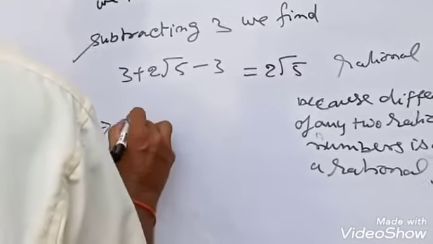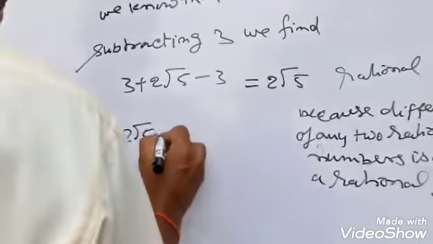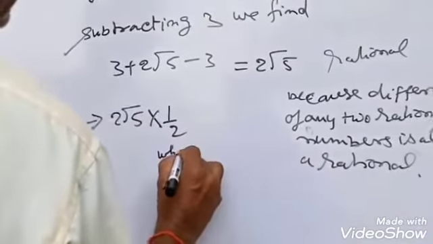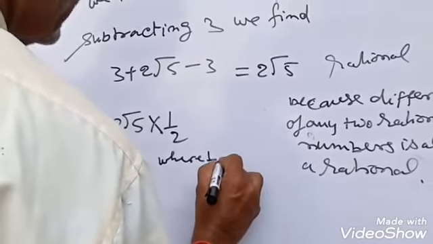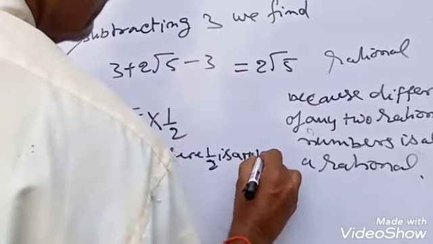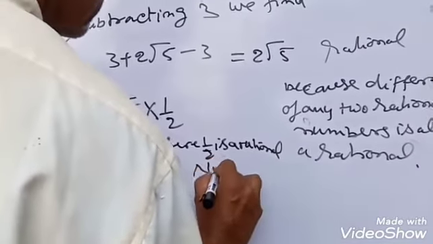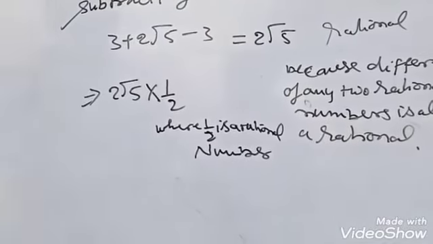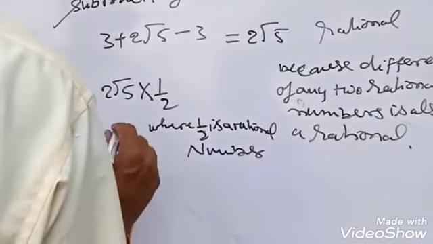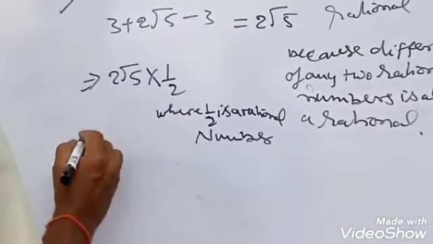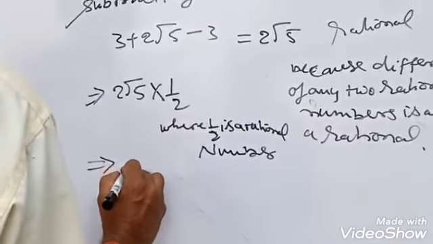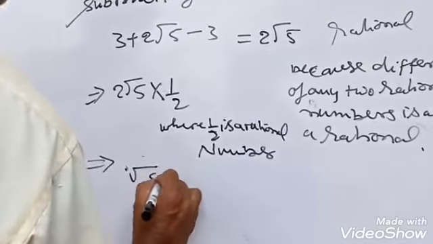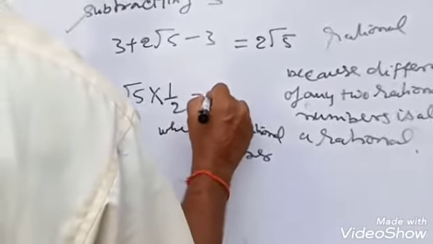This implies 2 root 5 multiplied by 1 by 2, where 1 by 2 is a rational number, will give root 5, and it will be rational.